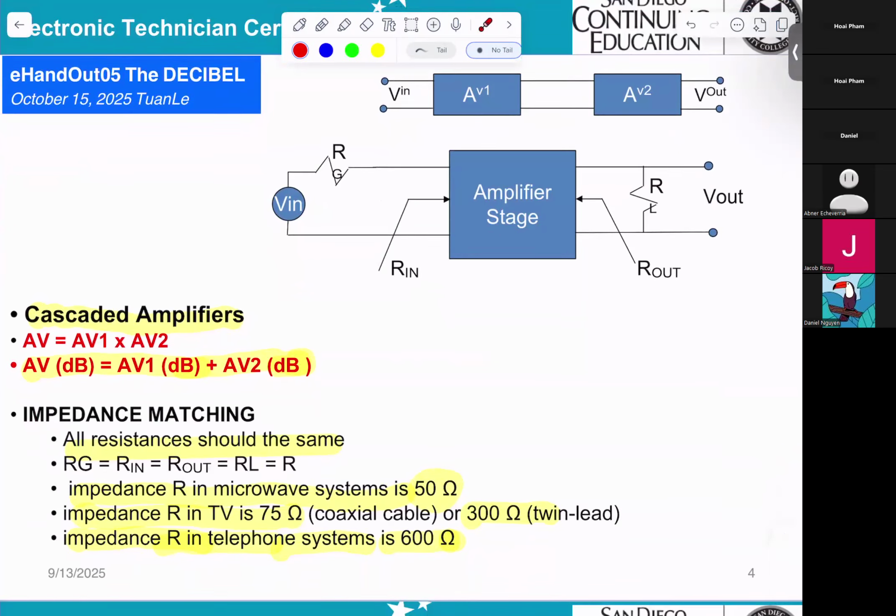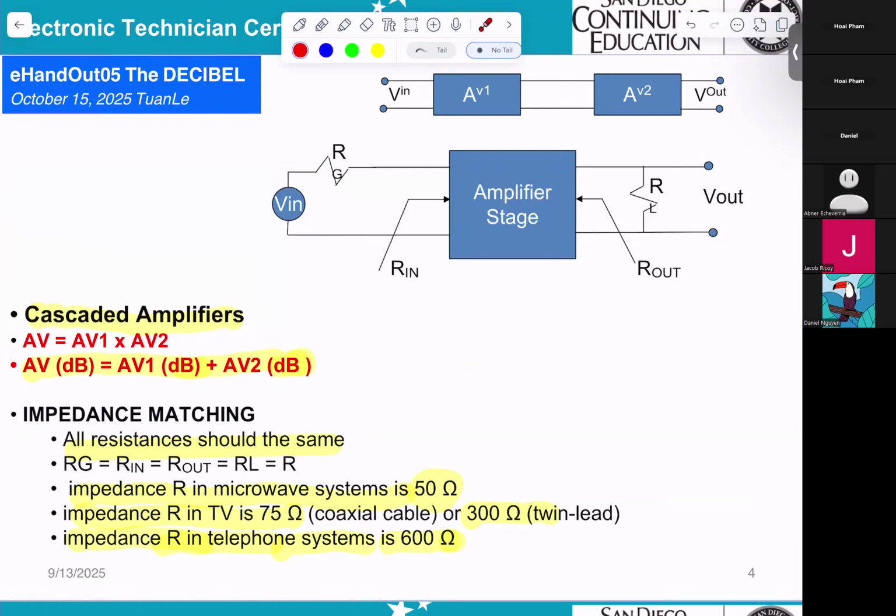Okay, now you get one gain, another gain, and you can get more gain in the system. So they are telling you one thing. Normally, you take the first one here, AV1, times AV2.